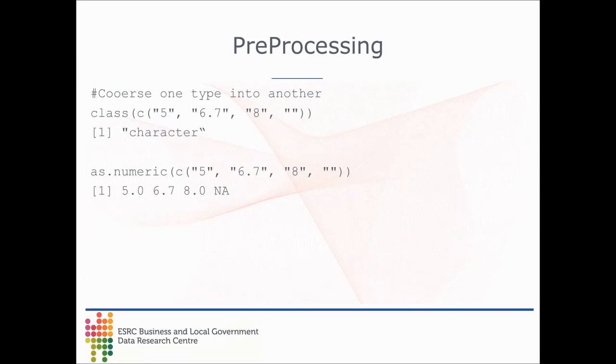That's 4 numbers, but they're not. By using the class function, I can see that they're being treated as characters within R. So if I want to make sure that I'm looking at numbers, I can coerce my character array into a numeric using the as.numeric function.